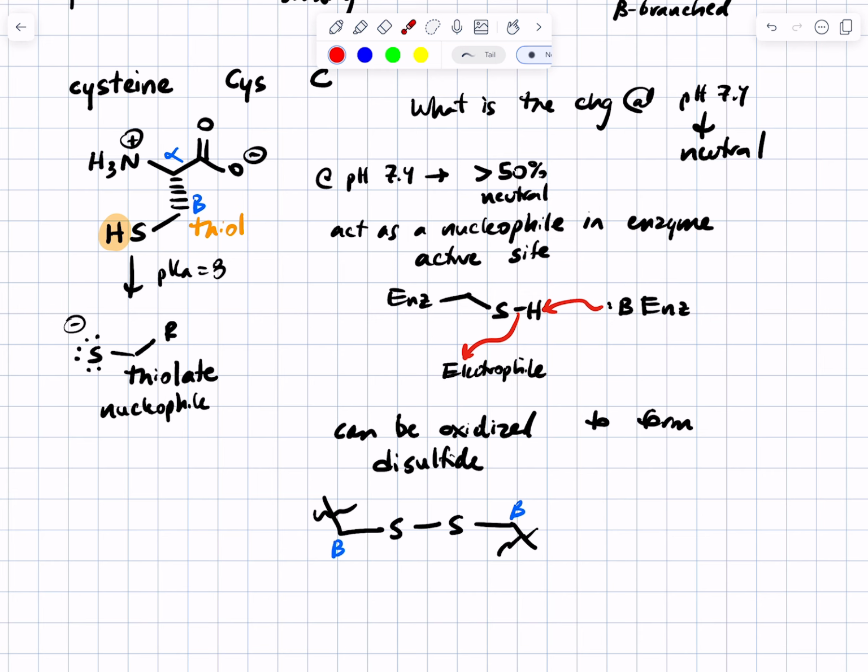There are a lot of disulfide bonds in antibodies, and in proteins that are exposed to oxidizing environments like hair and skin and fingernails. The place where you most likely have heard of or encountered cysteine disulfides is if you've ever gone to get a perm.